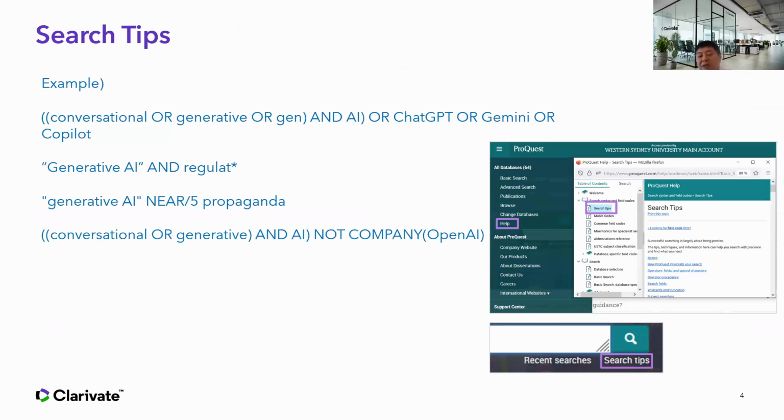As I was saying, because this is not a chat box, it is a search box, you need to search with keywords. The question is how you combine these keywords so that your search strategy becomes more sophisticated and allows you to get to the more relevant content that you need for your research, learning, and teaching.